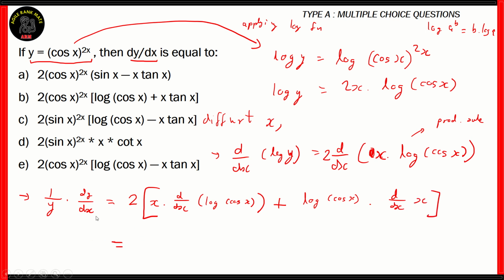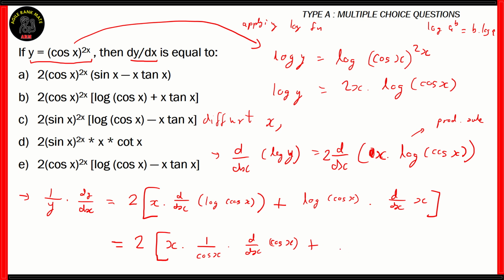The left hand side is still going to stay the same. So the right hand side would now be 2 times x of, since it's a logarithm of cos x, we would have to write 1 by cos x times d by dx of cos x. Whatever is in the bracket has to be differentiated again.